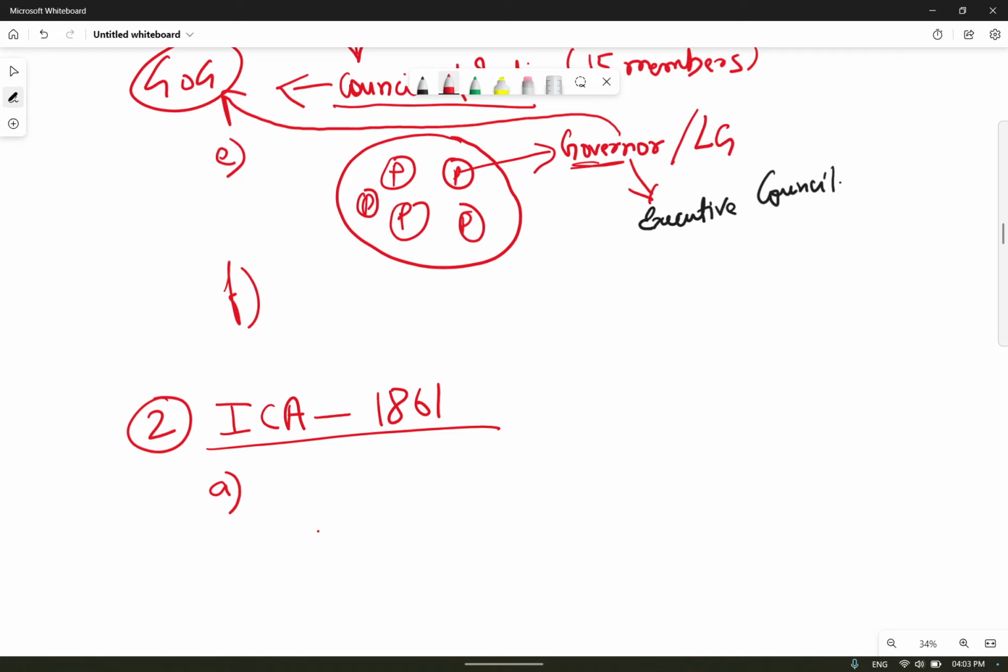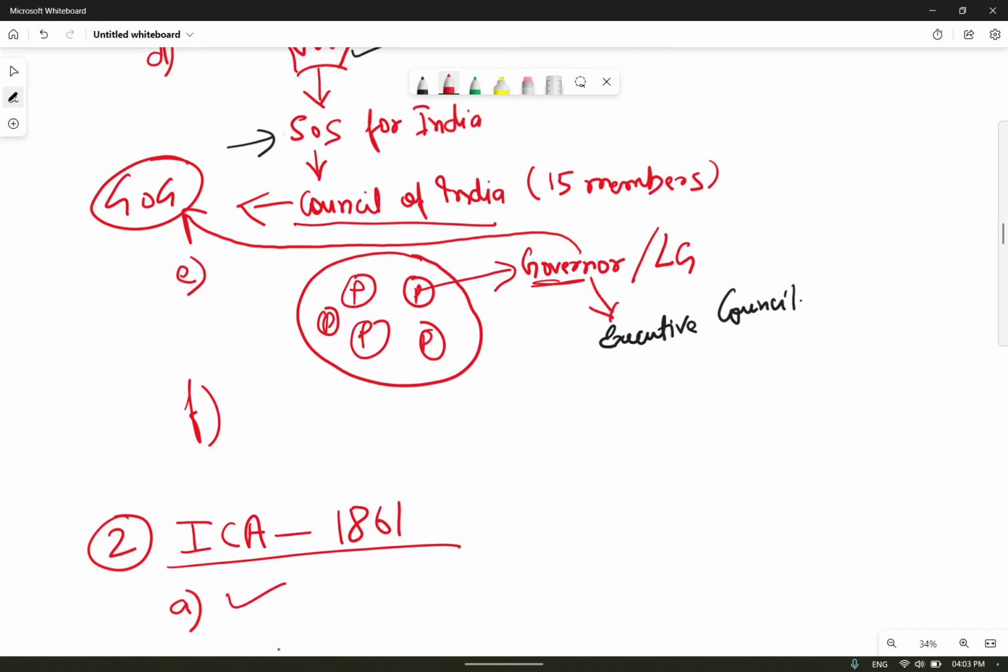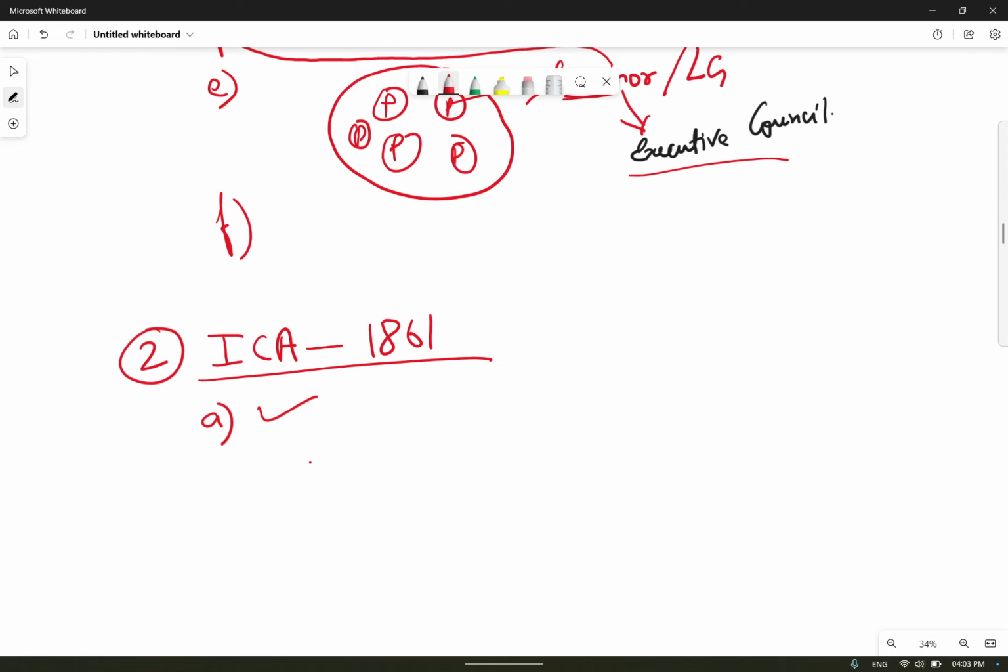Whatever was discussed in the Government of India Act 1858 became legal provisions under the Indian Council Act of 1861. So the Secretary of State, who was responsible to the British Parliament, governed India through the Governor General, assisted by an executive council. Those things we have already discussed, and they became a legal provision under this act.